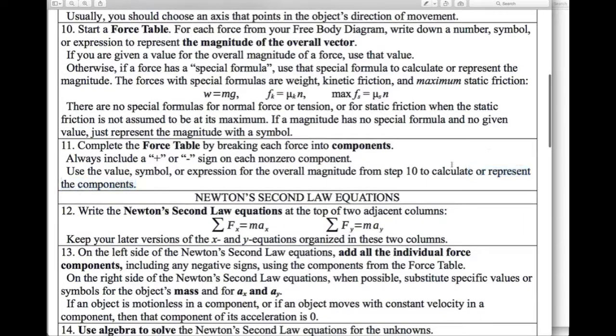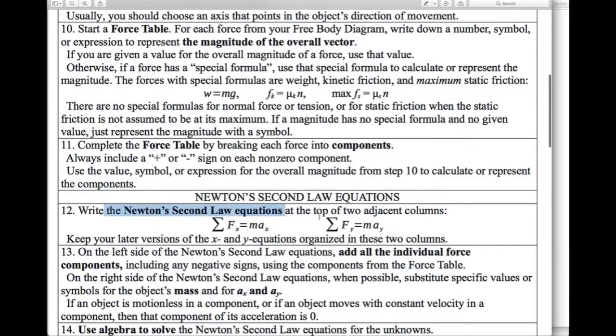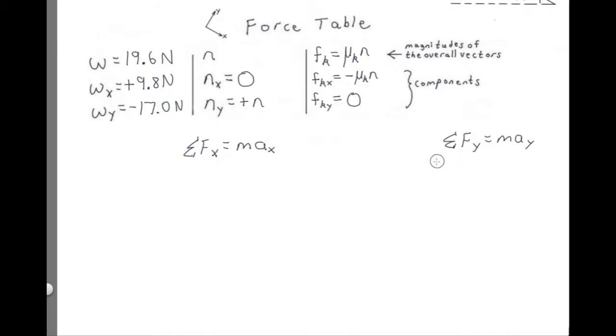Now we move on to the Newton's second law equations. First, we write the equations at the top of two adjacent columns, like so. Now this sigma symbol tells us to add. So here we're adding all the individual x components of the forces: W sub x plus n sub x plus f sub kx.